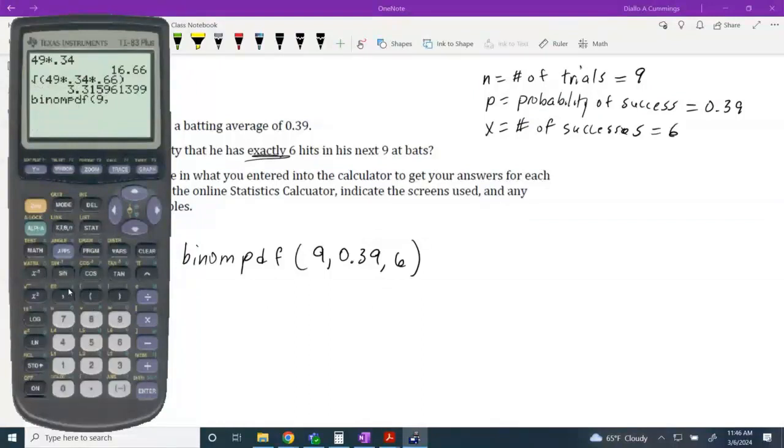I'm going to put in 9, comma. You must separate all of these parameters with a comma. 0.39, comma 6. And we see that he has a probability of 0.67.